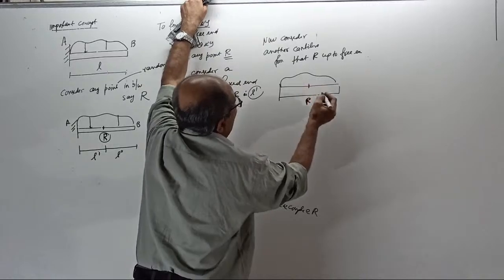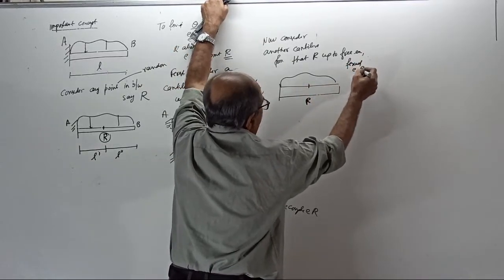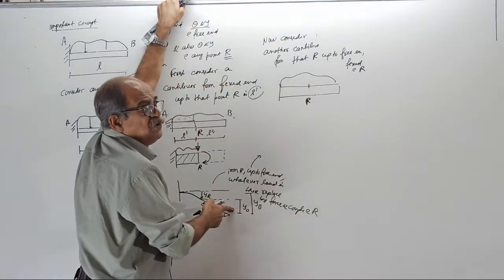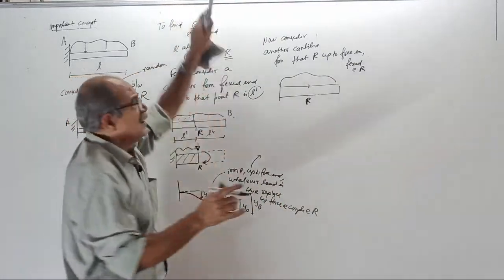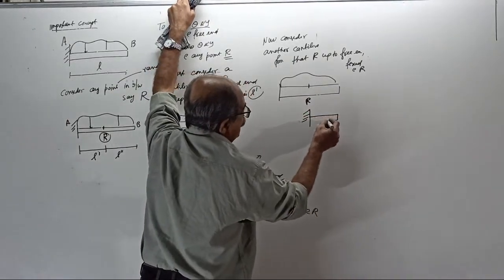Now do one thing and fix that R, because whatever slope comes at R is already accounted. Now no more slope at R. That is like this. This cantilever.